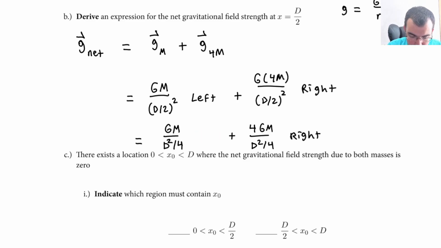So d squared over 4. If I do that, this becomes 4. So I essentially have 4 units left, and I have 4 times 4, which is 16. 16 units, right? So this is essentially 4, and this is essentially 16. So 16 minus 4, because they're competing, this would be 12 GM over d squared, right?